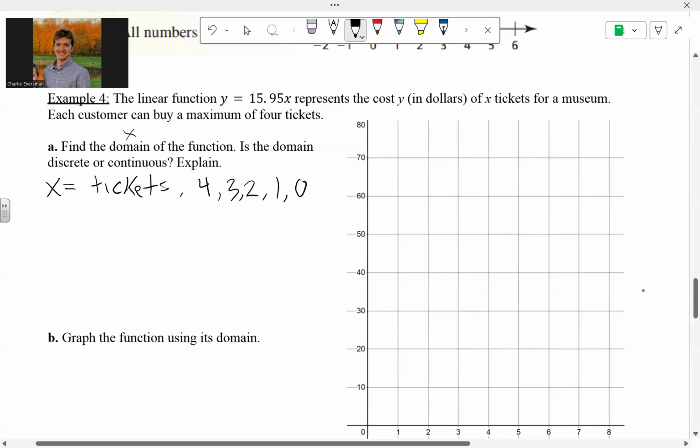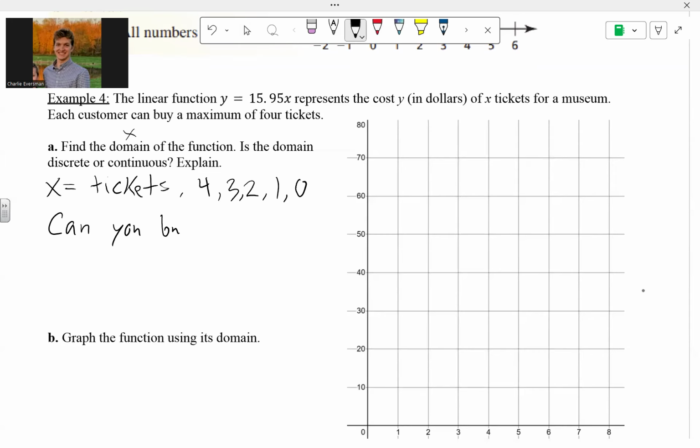And now this question, right? Is the domain discrete or continuous? Here's how you can answer that question. Think, can you buy a partial ticket? Can you buy half of a ticket? Can you buy a quarter of a ticket? I'm not talking about can you buy like a child's ticket or something like that.